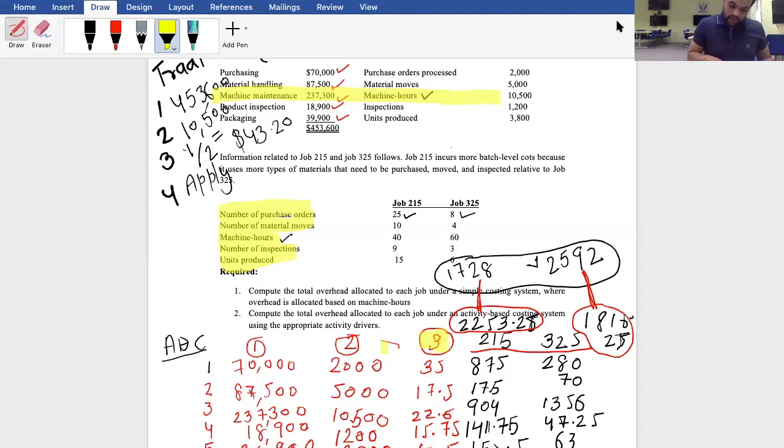So the last learning outcome is under or over applied. All right. Now, what is under and over applied? So let me write down for you.